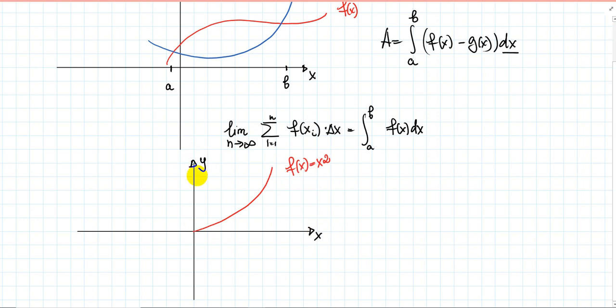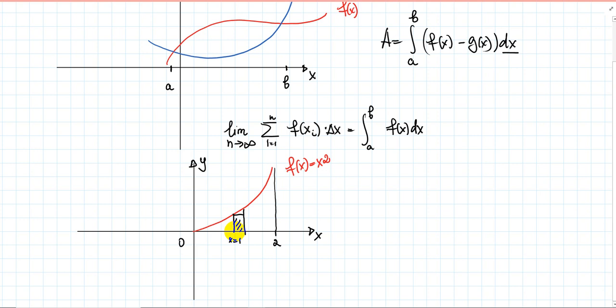If I ask, what is the area below this curve in the region from 0 to 2, the idea would be to divide this region into many rectangles, right? So for example, at x equal to 1, I would like to make a rectangle. What will be the area of this rectangle?